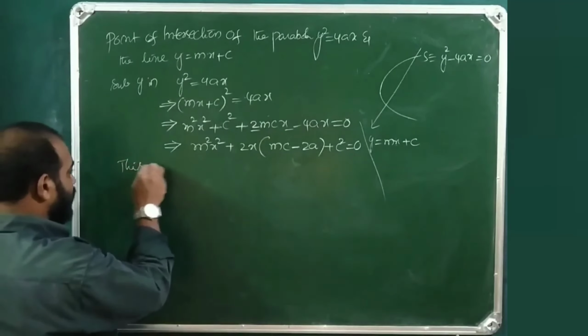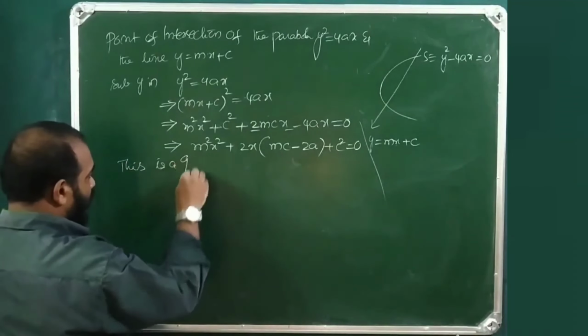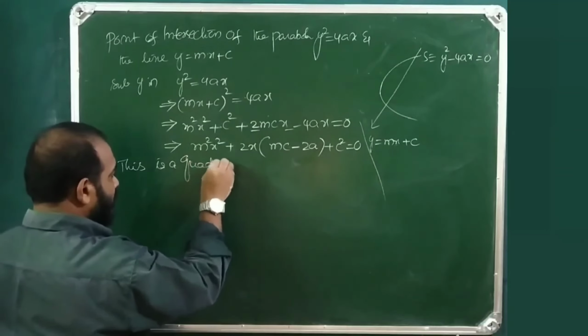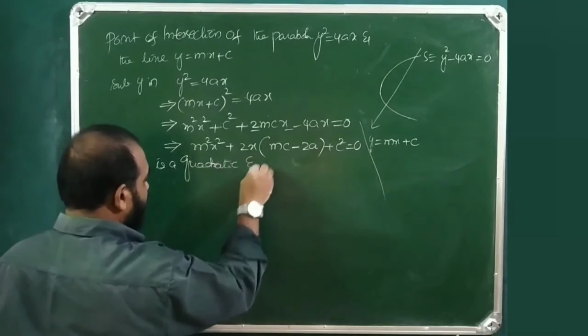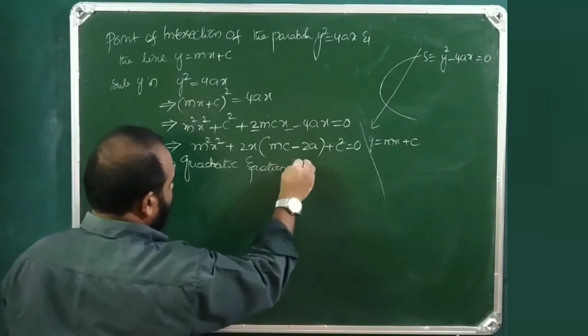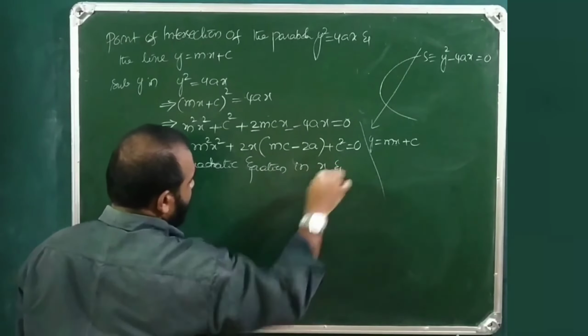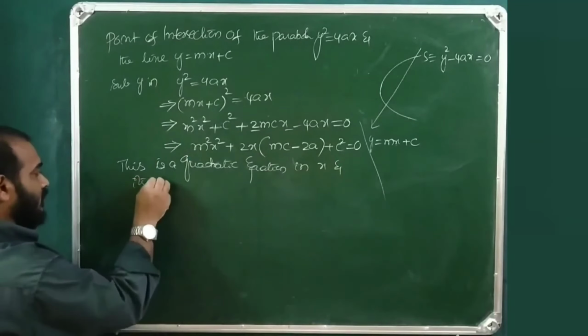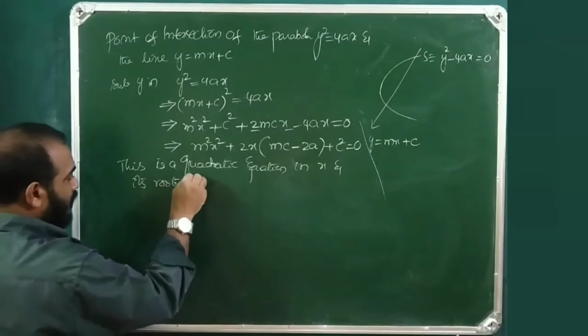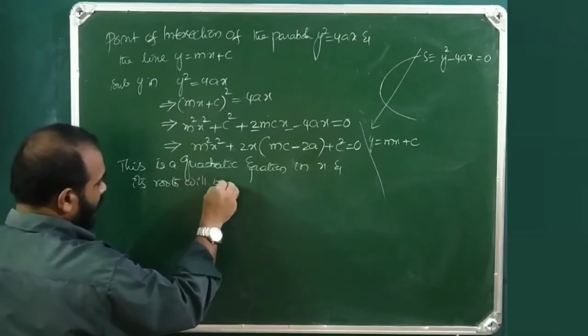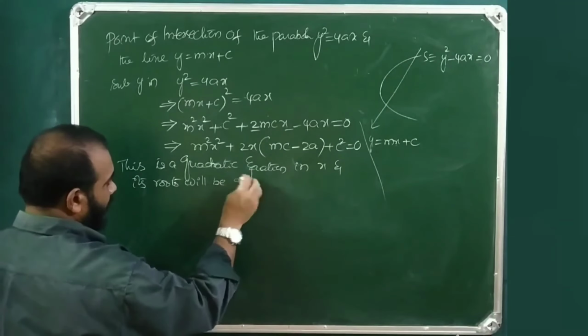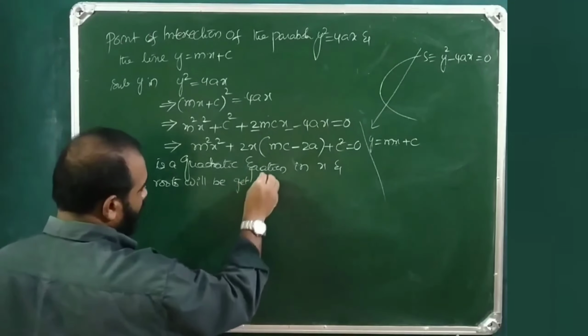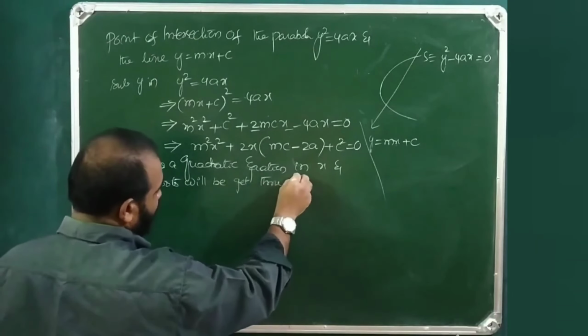This is a quadratic equation in x, and its roots we get through the discriminant delta.